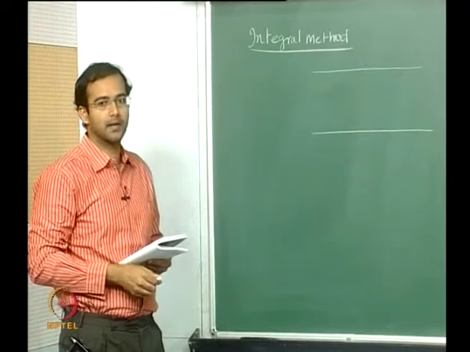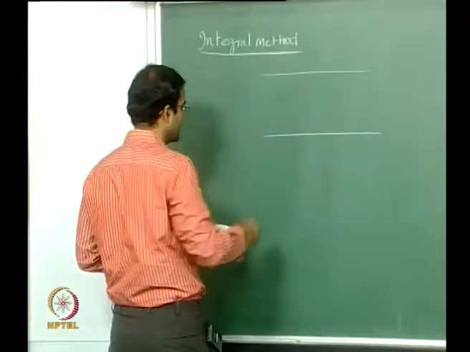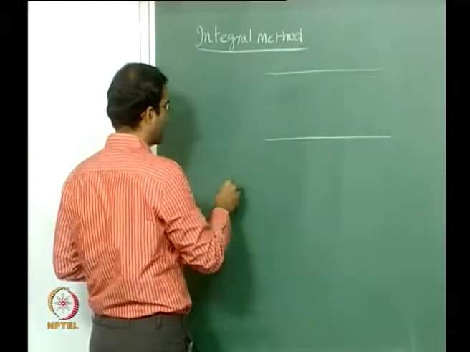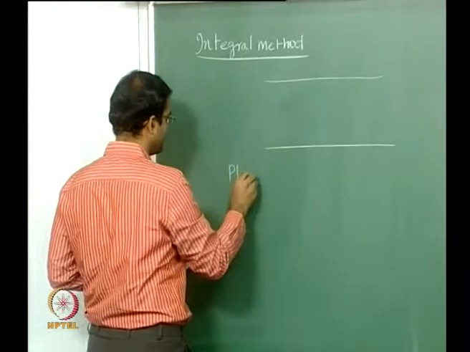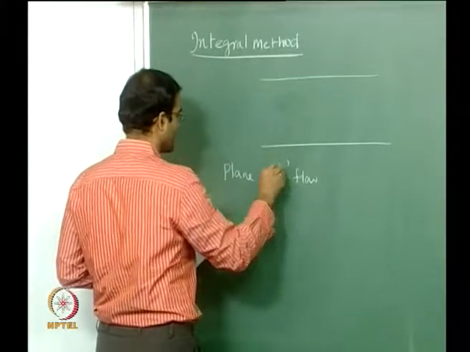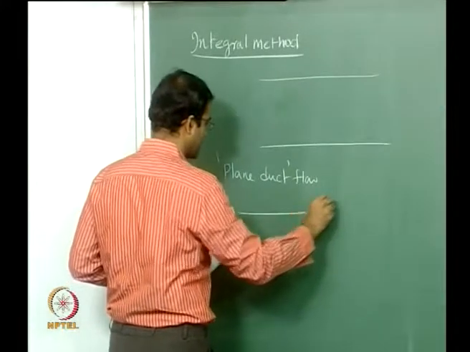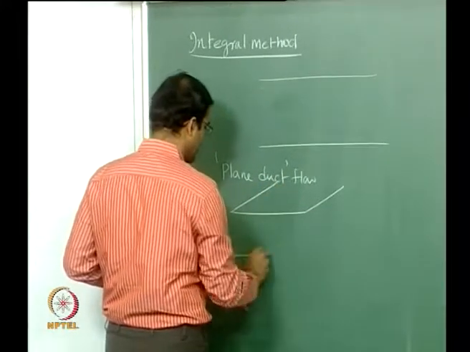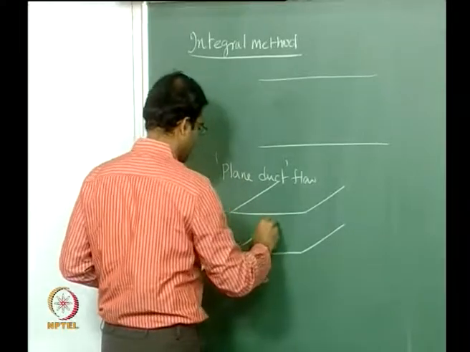between two parallel plates. Okay, so that is a plain duct. So if you look at the cross section of a plain duct flow, if you look at the typical cross section, you may be seeing that it is something like this.